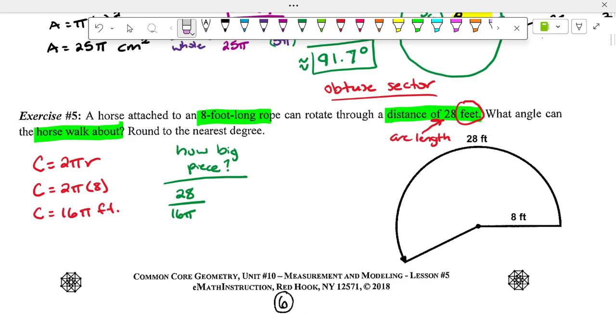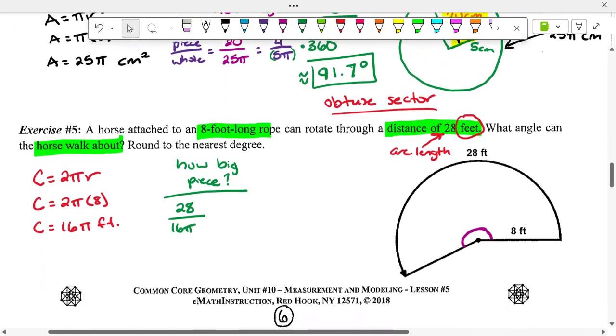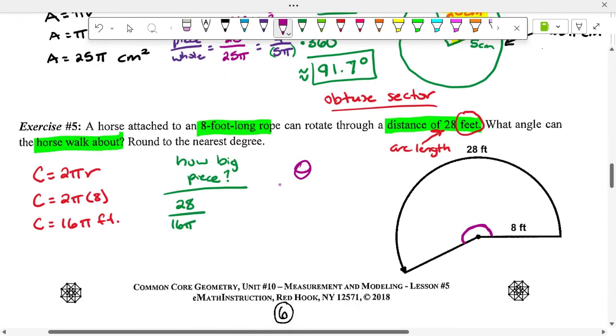Now, we then want to know the angle. So how do I do that? We got how big of the whole circle this sector is. So how do I find out how much of it is degree-wise? What do we do up here? We times it by 360. That's exactly what we're going to do here.